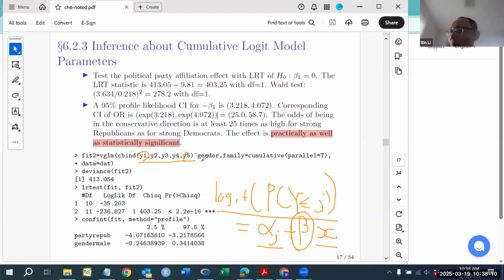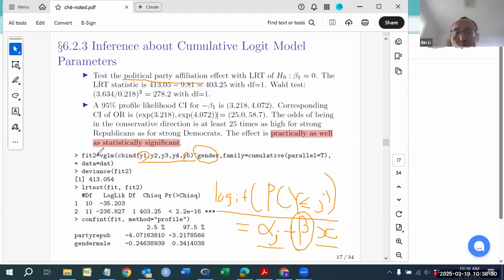We have two predictors: one is gender, and the other one is party affiliation. So we want to test, let's say, if the party affiliation has a significant effect on the political ideology, on the response.